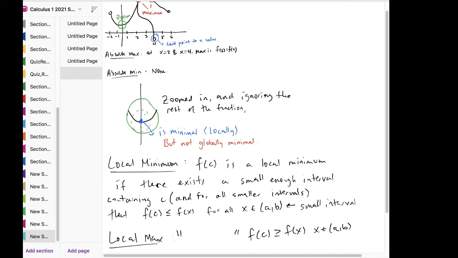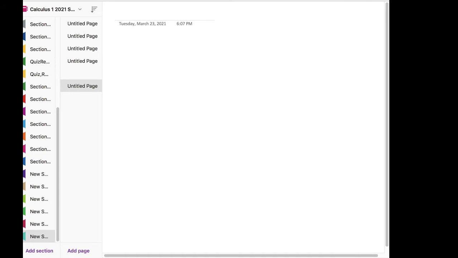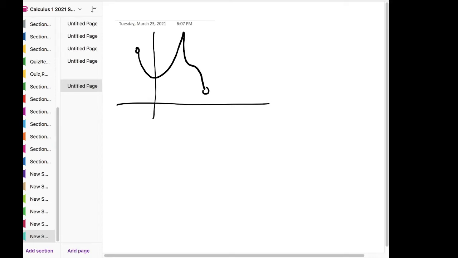If you draw a little circle around the point, if that point is the smallest, then that's a local minimum versus local maximum. Okay, let's just draw it again.